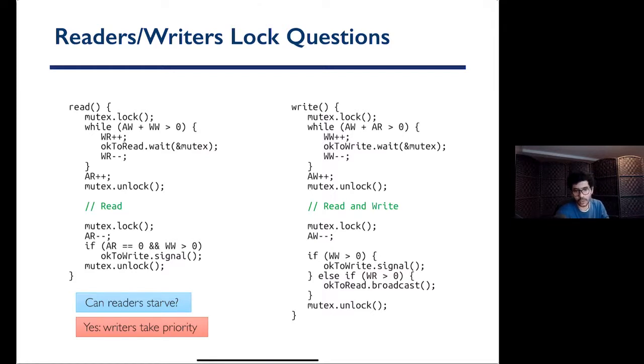Then this implementation is good because if you have, like, one write every 1 million reads, then you probably want that one write to come, change things, and then give it high priority to just get done with it and then do your reading. But if you have a system where writes are very frequent, then you probably don't want to use this lock. You have to change and tweak this implementation to have some balance between writers and readers or something like that. What about writers? Can a writer starve in this implementation?